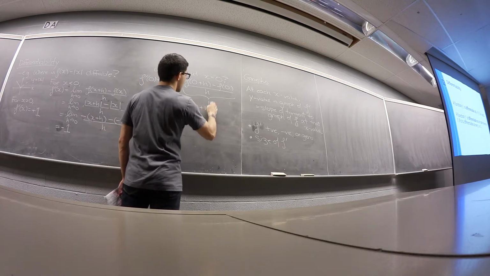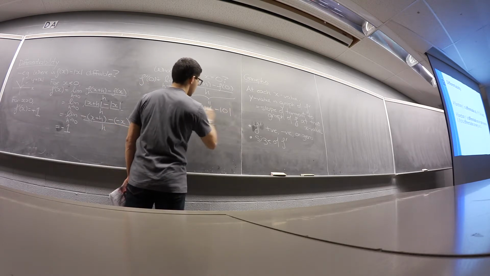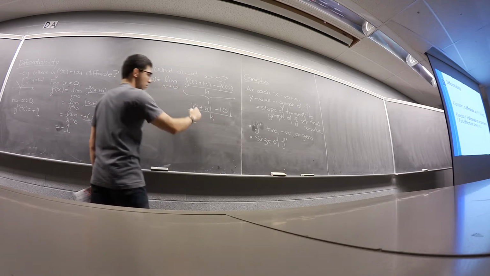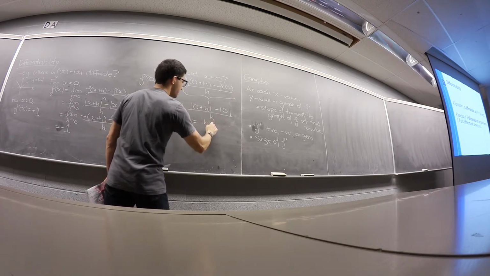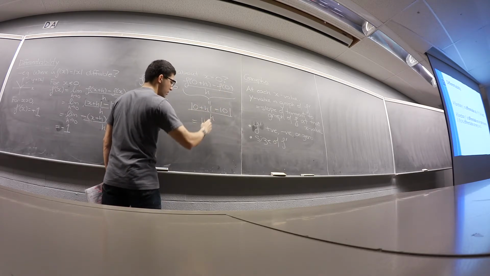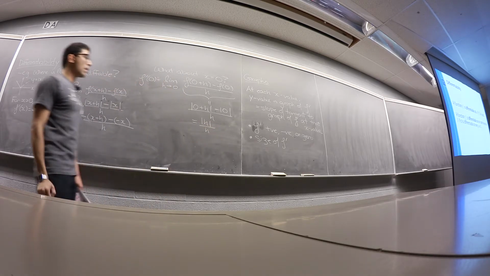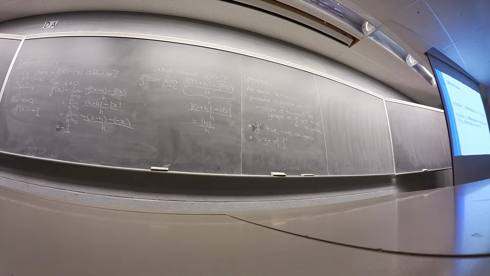Absolute value of 0 plus h minus the absolute value of 0, all over h. That's just the absolute value of h minus 0, so who cares, over h. Does that make sense? Okay, we did all this, now we have to see what goes on at 0.